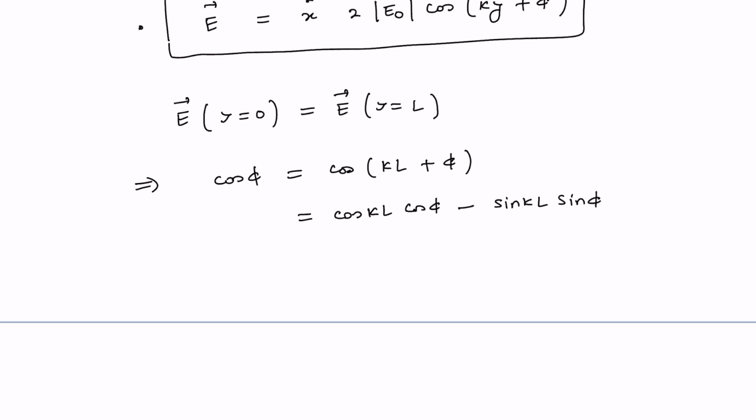Immediately I can conclude that sin kL is equal to 0, which means I can write it as sin m pi, where m is an integer.